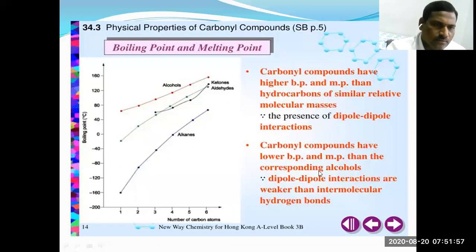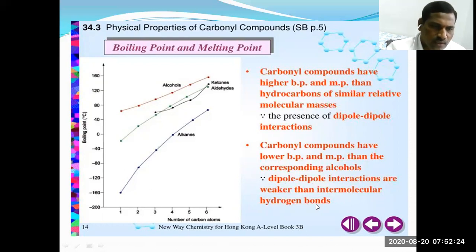Whereas we can compare the boiling points and melting points with the corresponding alcohols. Carbonyl compounds have lower boiling points and melting points than the corresponding alcohols. The reason is dipole-dipole interactions are weaker than intermolecular hydrogen bonds. Alcohols have intermolecular hydrogen bonds.